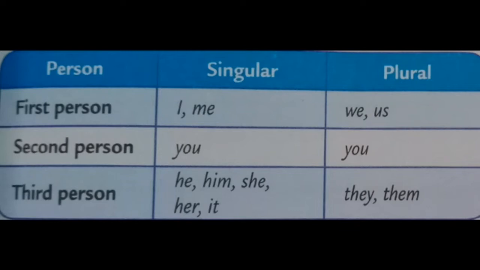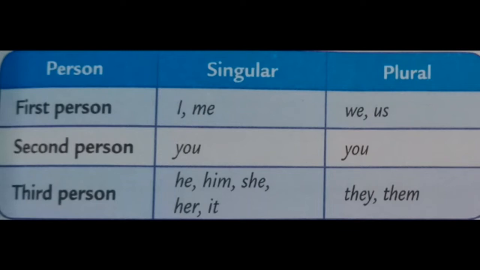Personal pronouns of the third person refer to the person spoken about. They are he, him, she, her, it, they, them.